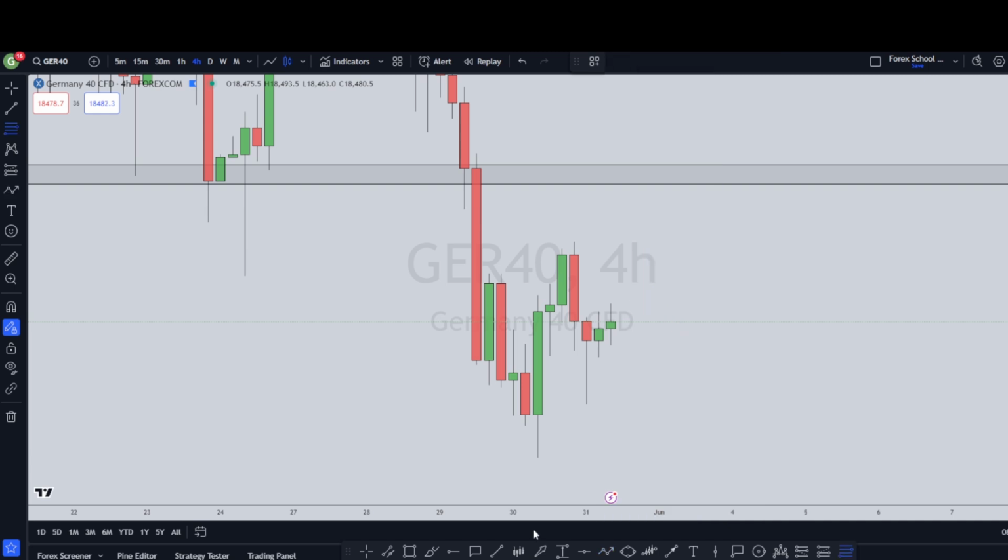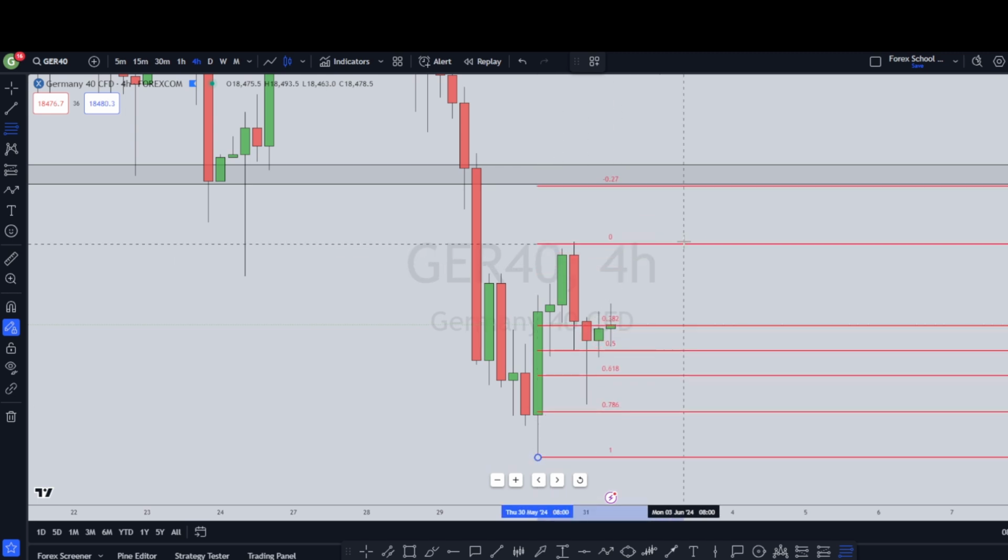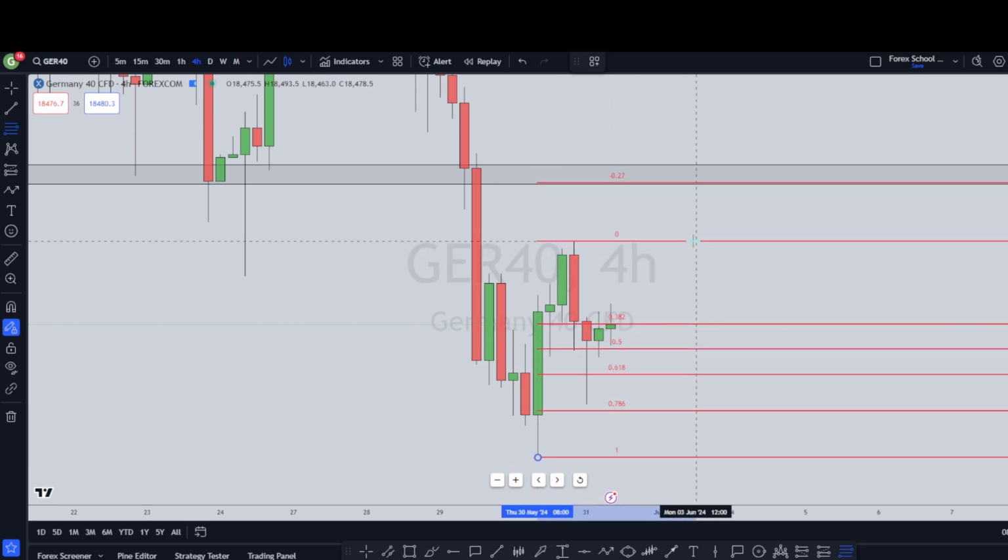And if we are to measure the amount of the impulse and the correction phase in the market using our Fibonacci retracement tool, drawing it from the low of the impulsive move to its peak, we see the price upon retracement after the impulsive move to the upside tested this minor support area. If I could just draw it out.